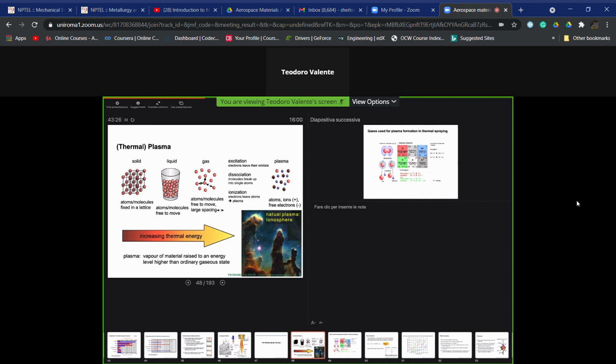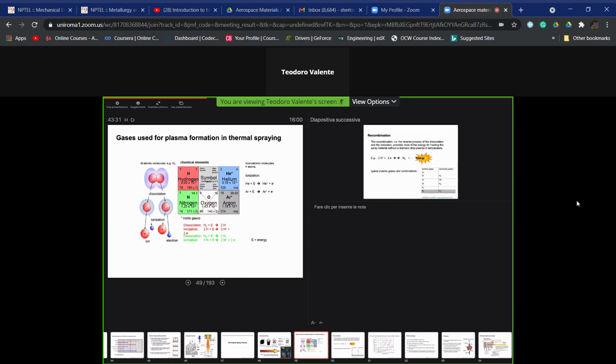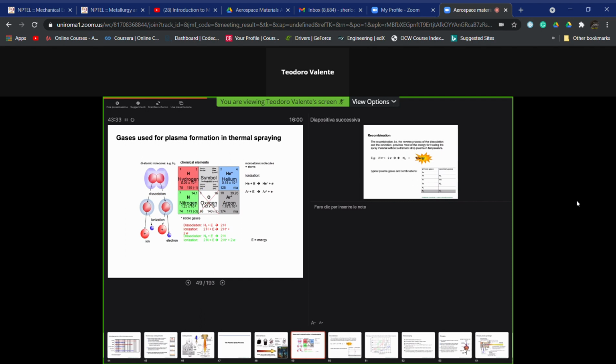And when we look at the gases which are used for generation of the plasma, then we will see how the plasma will be generated. We do have very few options. First of all, oxygen is not used at any time. Not because we cannot make a plasma based on oxygen, but because, as we will see, the gun is made of solid materials.